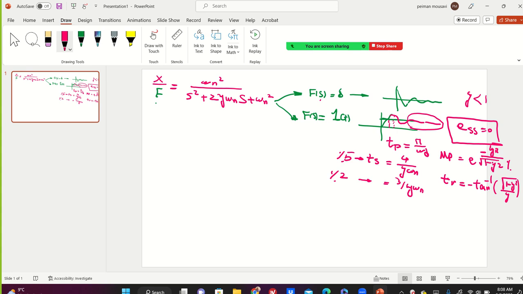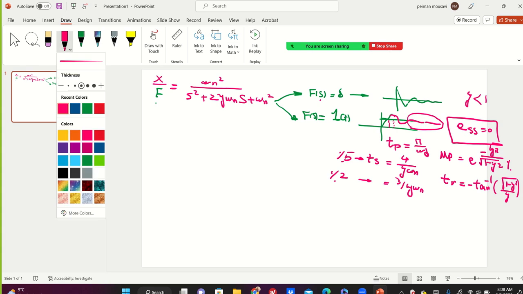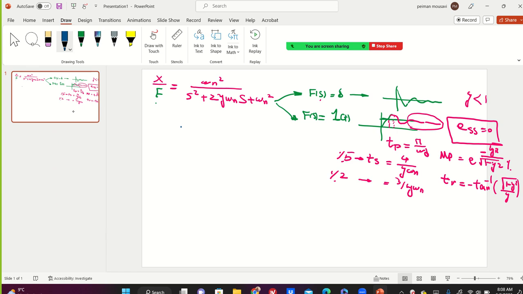So now let us continue with our third input to the system, when F of s is ramp. When F of t is ramp, F of s is going to be, as you know, 1 over s squared, as we did for the first order system.